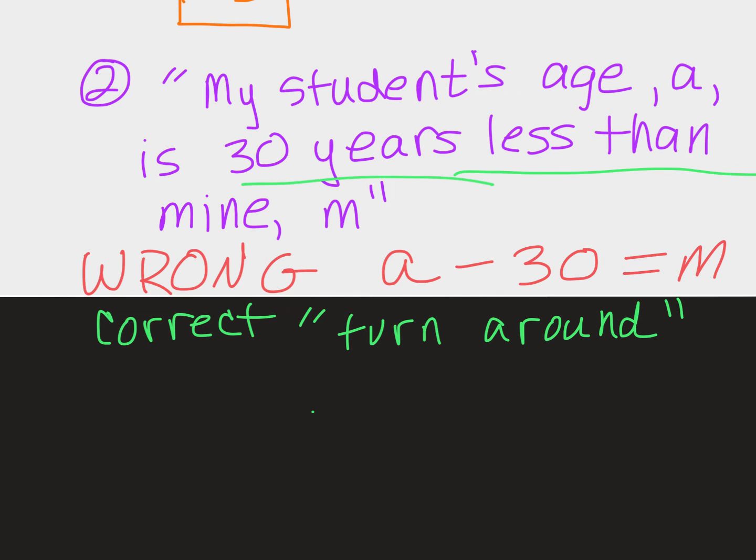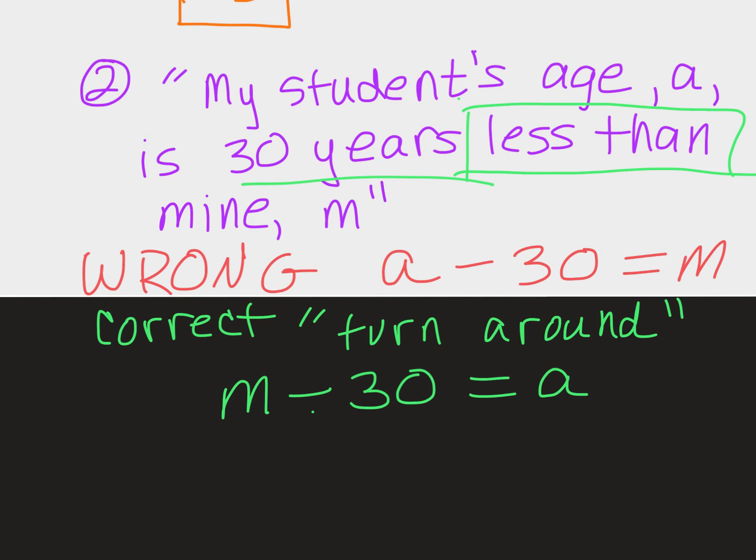A turnaround phrase means that you actually write the last thing first. So you're going to take my age and subtract 30 from that to get your age. So when you see those words less than, 30 years less than, 50 less than, you kind of have to write it backwards.